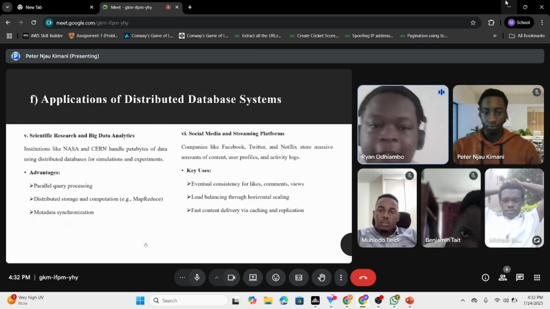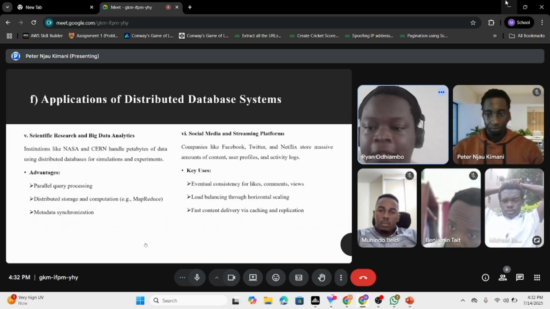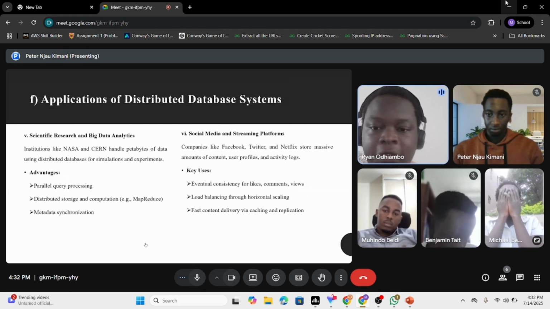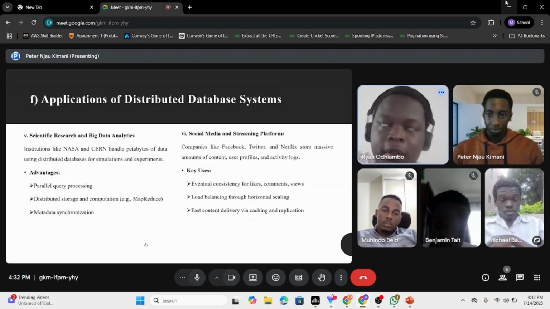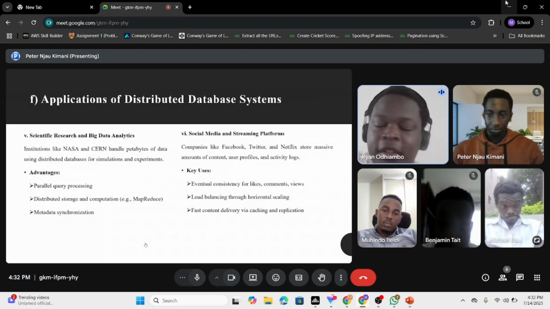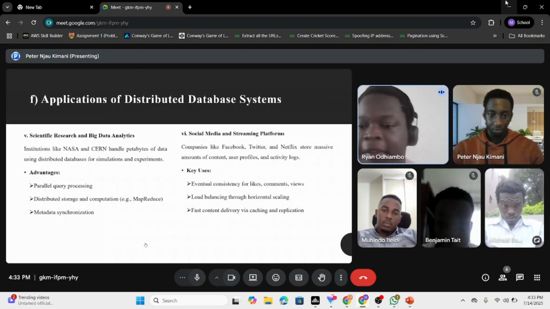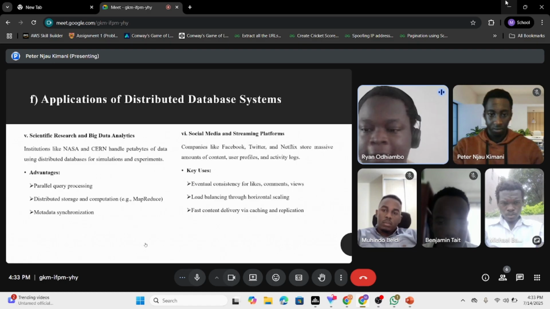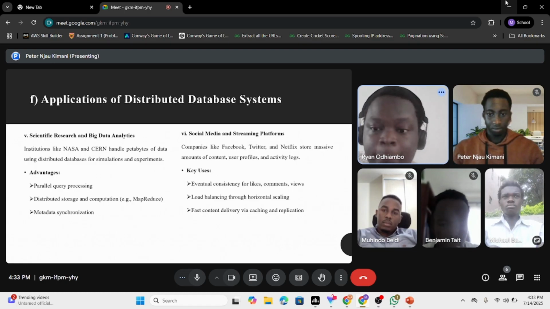So some key benefits of using distributed databases: we have scalability, which enables more nodes to be added so that you can handle growing data, and this data can be hosted in those nodes. Second, we have availability, in that the system remains operational even if some nodes fail.